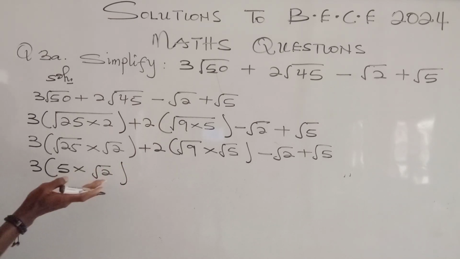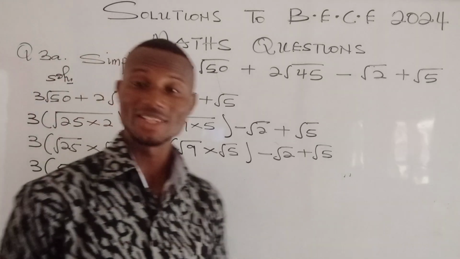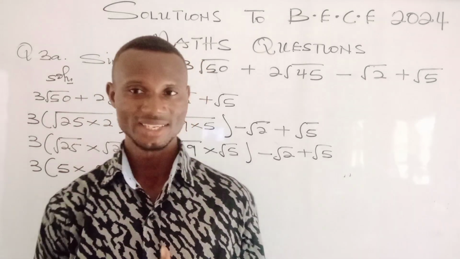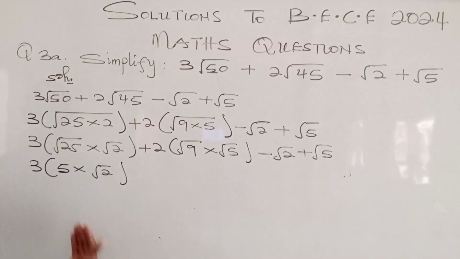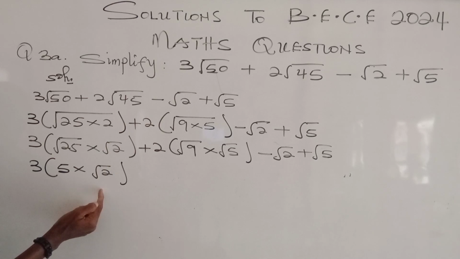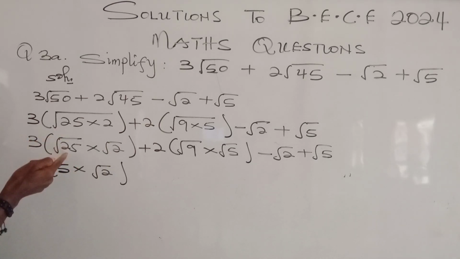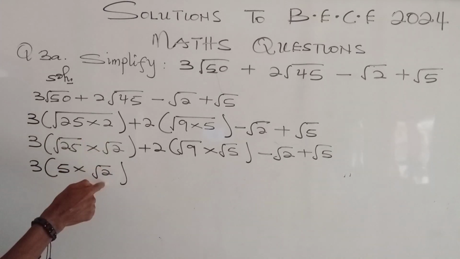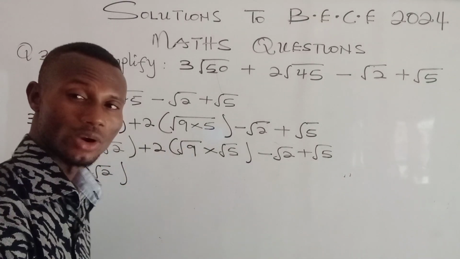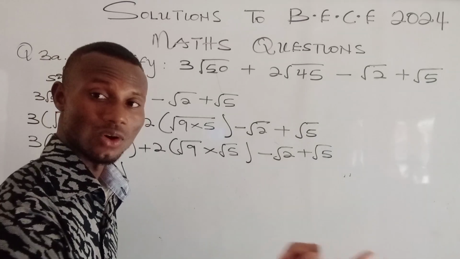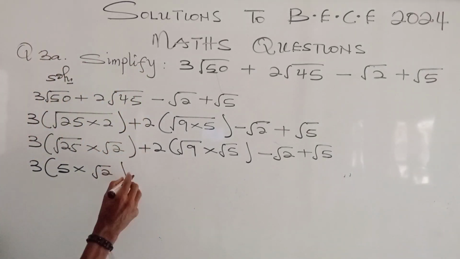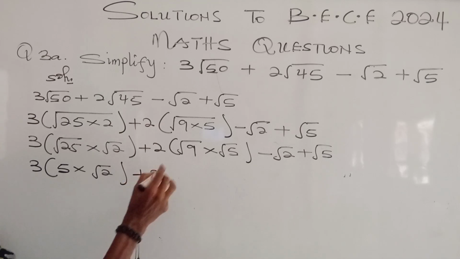Because for the square root of 2, you will not get a whole number as an answer, so you don't need to touch it. Just repeat your root 2 there. For the square root of 25, you'll get a whole number as an answer. That's why we've written our 5 there. Then I'm going to bring my plus 2, which is here.